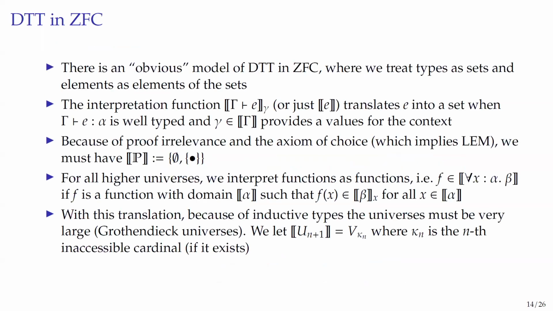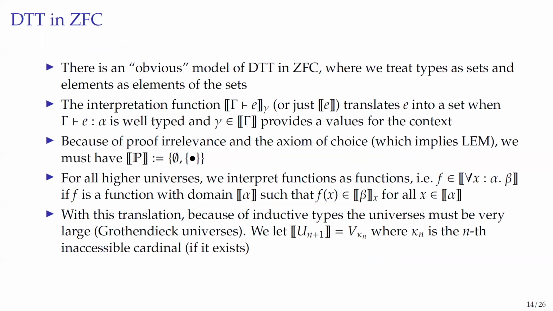So there is an obvious model of dependent type theory in Zermelo-Fraenkel set theory, where we treat types as sets and the elements as the elements. I like this. This means that I can understand what this type theory is. I'm not a big fan of where it's just syntax and syntax begets more syntax.